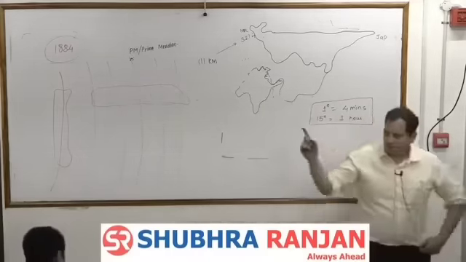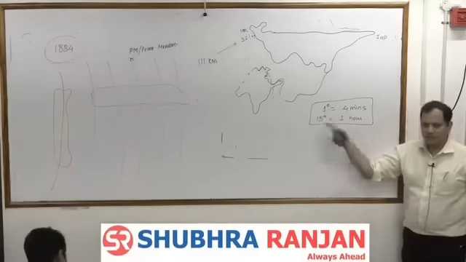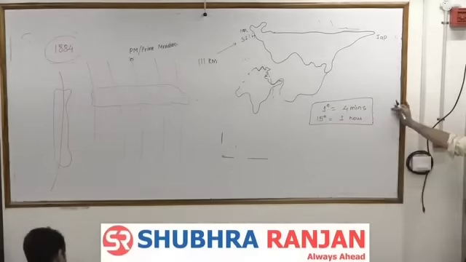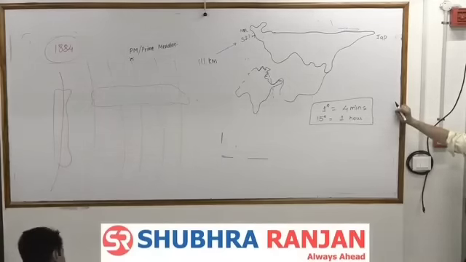You can write the equation: 1 degree is equal to 4 minutes, and 15 degrees is equal to 1 hour. Simple maths: at home, divide the earth's 360 degrees by 24 hours, and you will come to this figure.